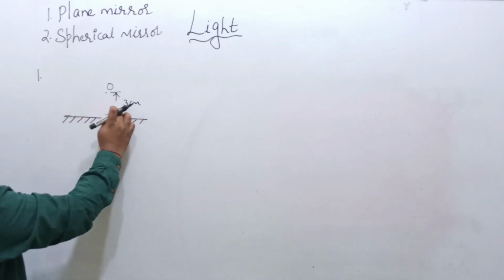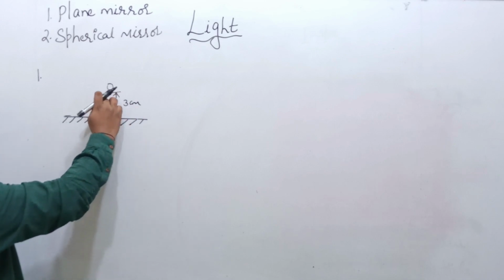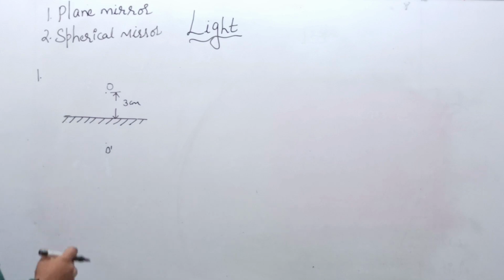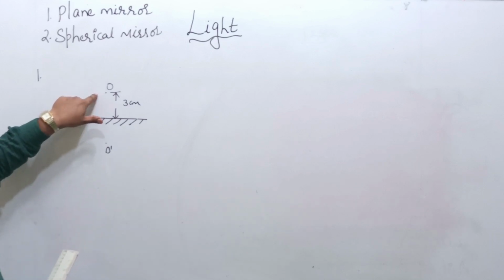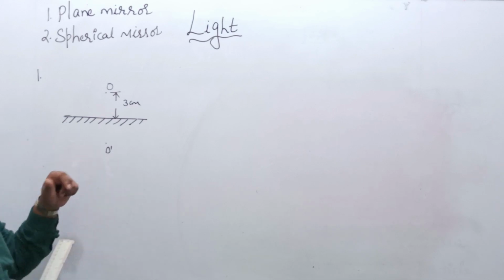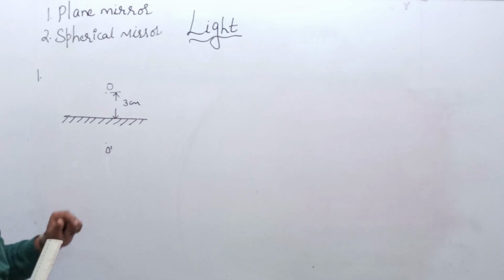This is the plane mirror. In front of the plane mirror I have kept this object O, and the image of object O is seen behind the mirror, and that image we have named O dash. Is that clear?